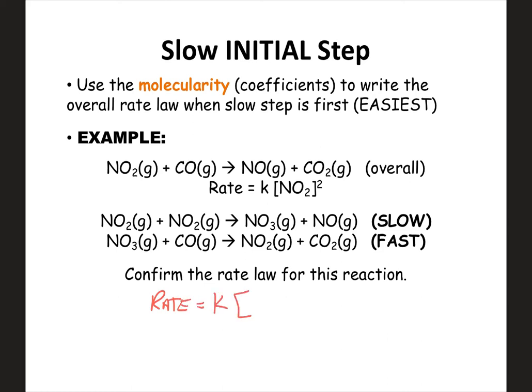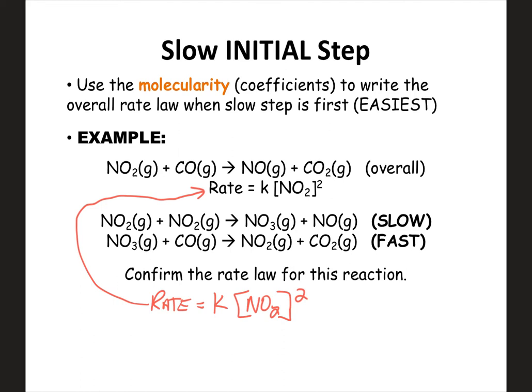The only reactant I see in that slow step is NO2, and there are two of them. So it's going to be rate equals K times the concentration of NO2 squared. I'm able to do this because that is an elementary step. And that is the rate law that was determined via experimentation. So they match. This could potentially be the mechanism that this reaction takes place by.